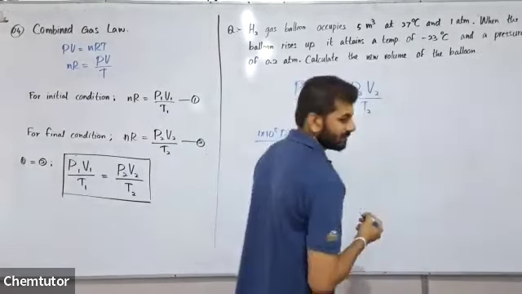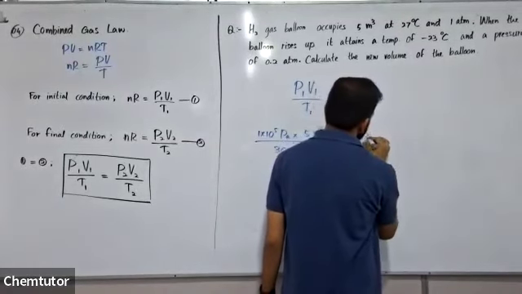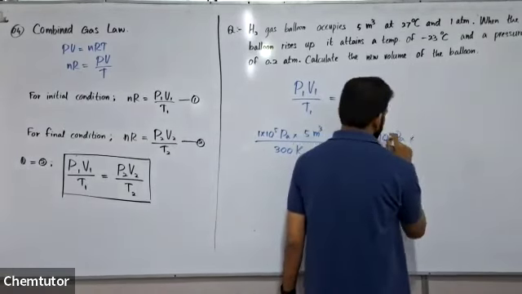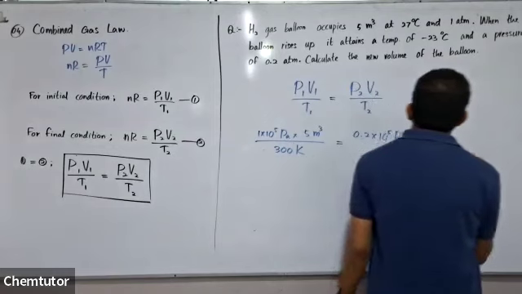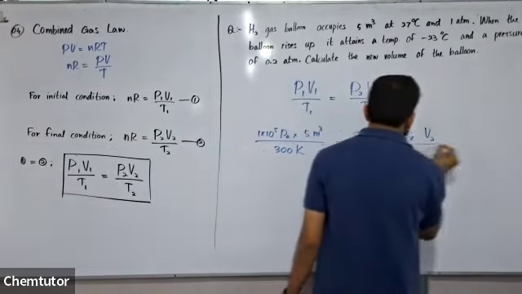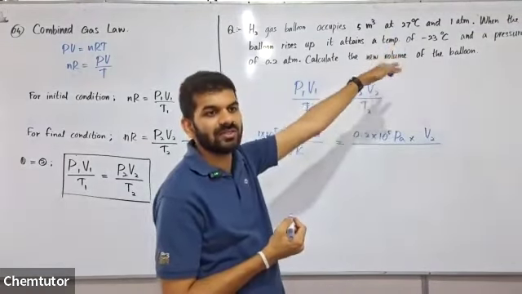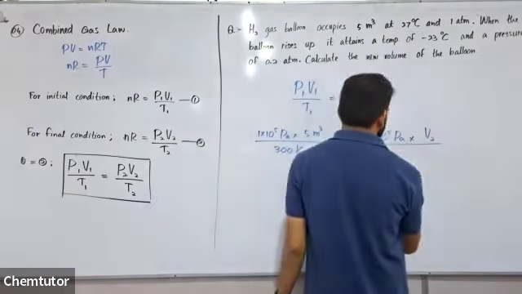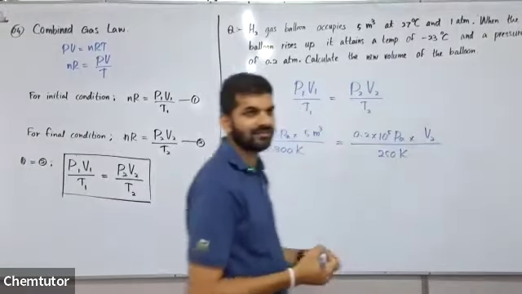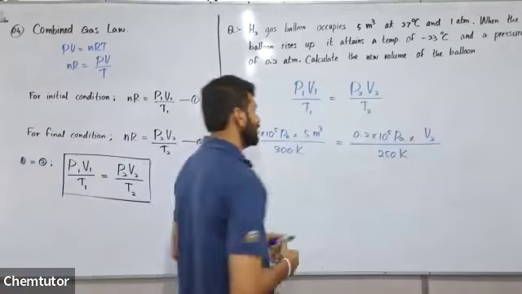Equals P2, 0.2 atm, that is 0.2 into 10 to the power 5 pascals, into V2, the volume we need to find out. T2 is minus 23, so minus 23 plus 273 means 250 Kelvin. Now we need to simplify.